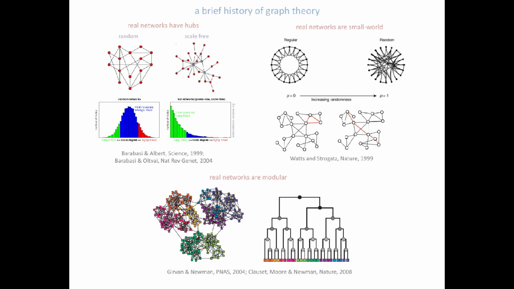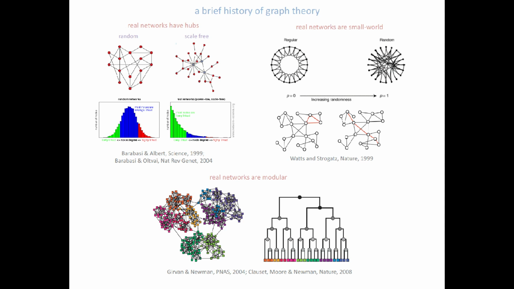So then these discoveries and a few others led to the idea that many real-world networks are neither regular nor random, and so they're said to have what's called a complex topology. Right? It's neither completely random nor completely regular. It's somewhere in between, and this is what we consider to be a complex network. And so this really gave birth to the discipline, or the science, of complex networks.